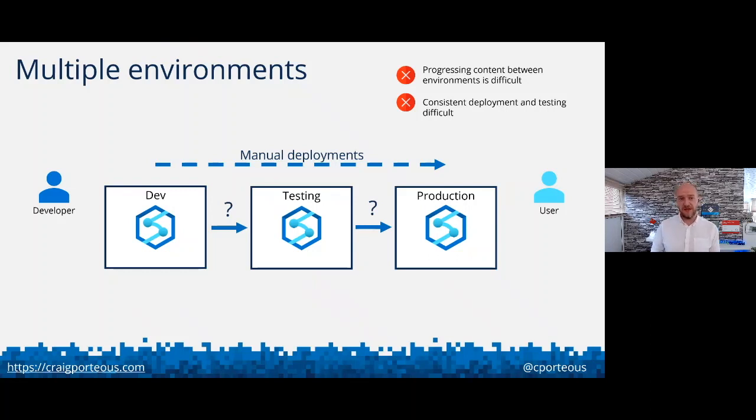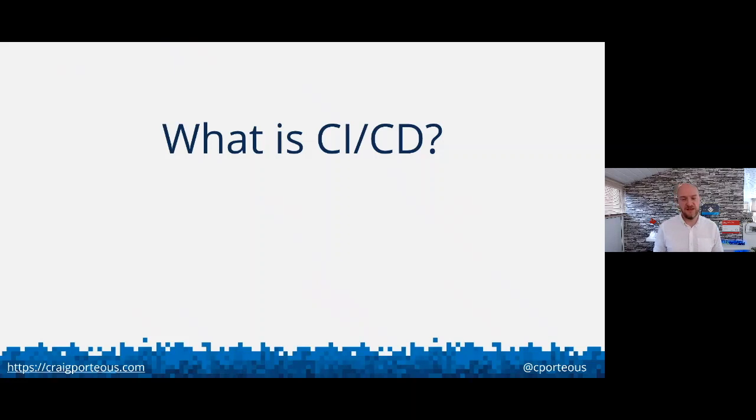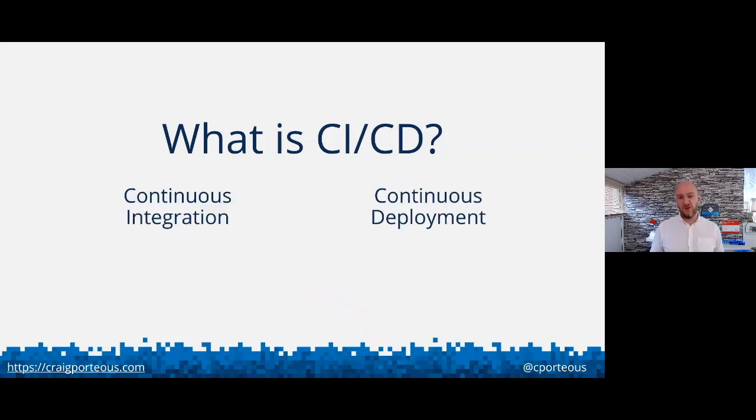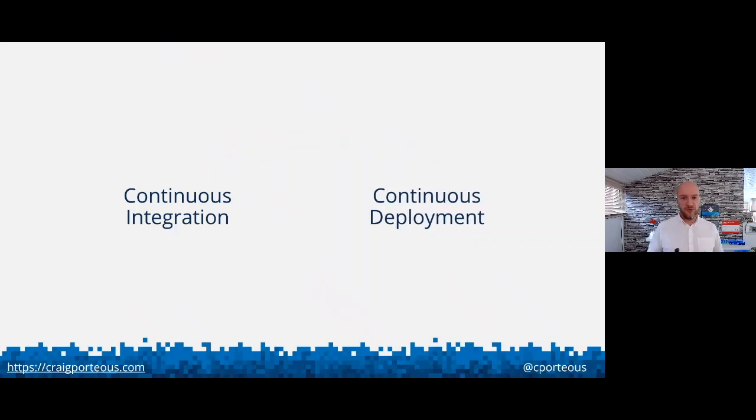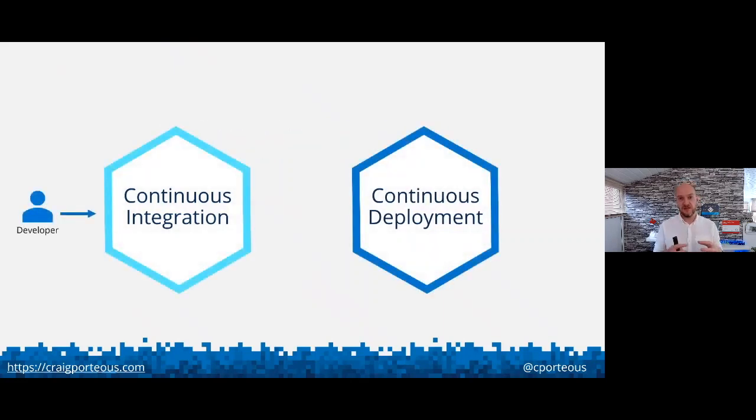So let's take a little step back. What is CICD? That stands for continuous integration and continuous deployment. Although they're lumped together in this acronym, they are essentially two different individual processes. Starting with continuous integration, CI, it focuses on the testing of your code, the testing of changes, and if necessary, compiling, coming from a traditional software development background.